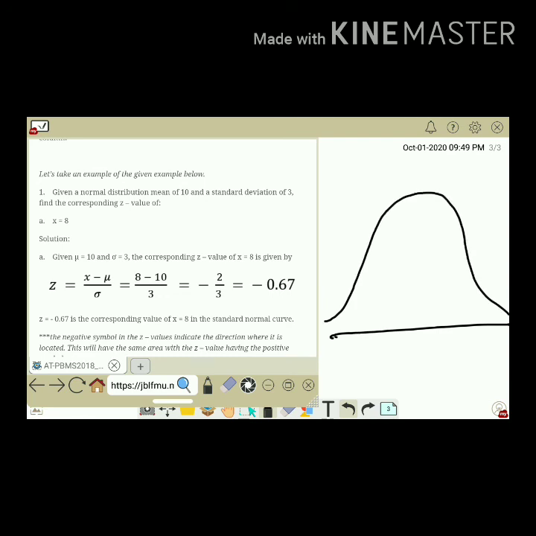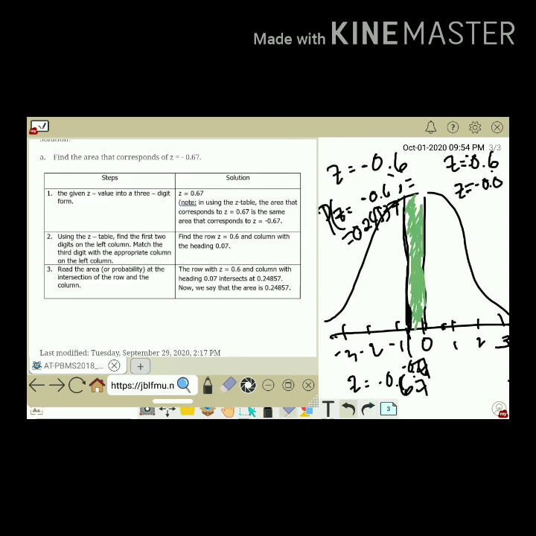We have here 0, -1, -2, -3, and this is 1, 2, and 3. So -0.67 is somewhere near the middle of 0 and -1.